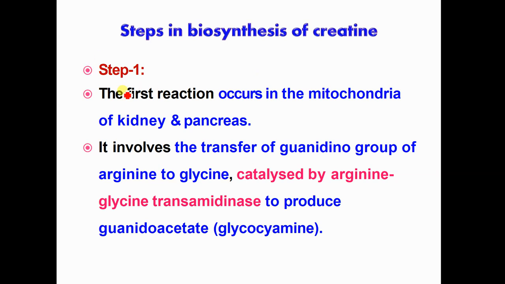Step 1, the first reaction takes place in the mitochondria of pancreas and kidney. It involves the transfer of the guanidino group of arginine to glycine, catalyzed by arginine glycine transamidinase, to produce guanidoacetate or glycocyamine.